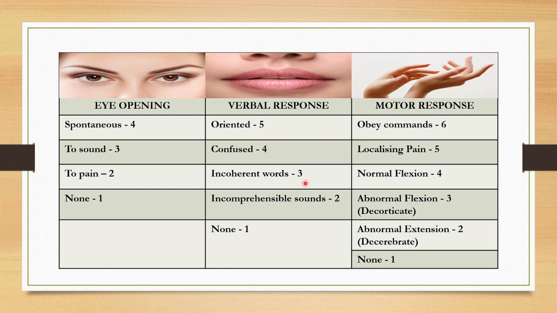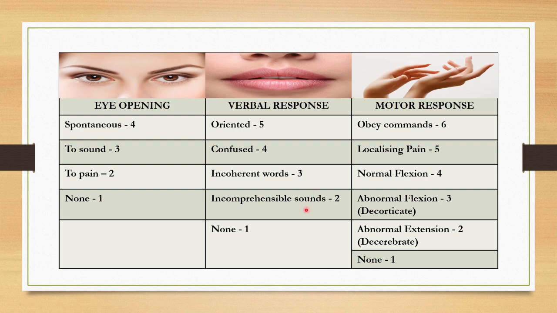If the patient is telling some incoherent words, then you can give a score of 3. For instance, to your question, where are you? The patient is responding, Christmas, my birthday, daughter. Then you can give a score of 3.